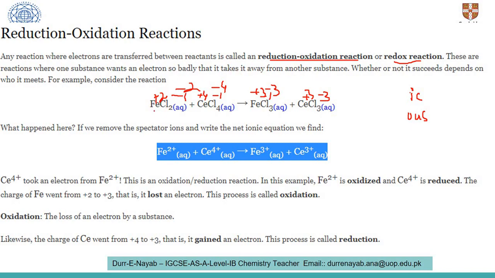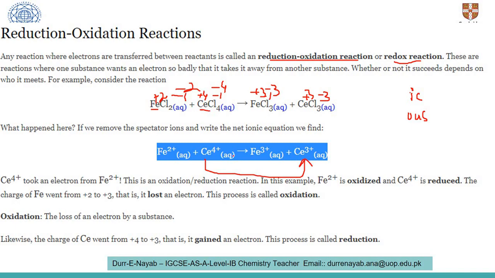You can see over here, iron will give its electron to this cerium. So what will happen, cerium here will change from +4 to +3.